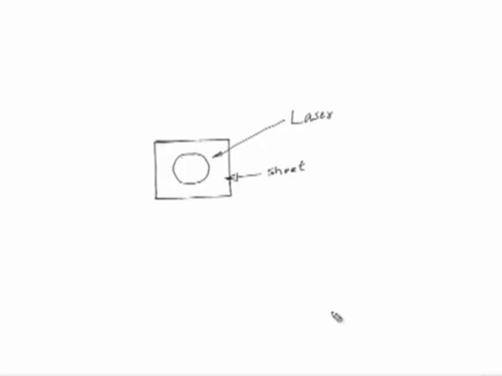Say for example, in one of the processes we have discussed, if there is a sheet like this, then laser can be applied to specifically carve out one object from this, which is dictated by the CAD drawing in the CAD terminal. So, this can be worked out in the CAD terminal here.